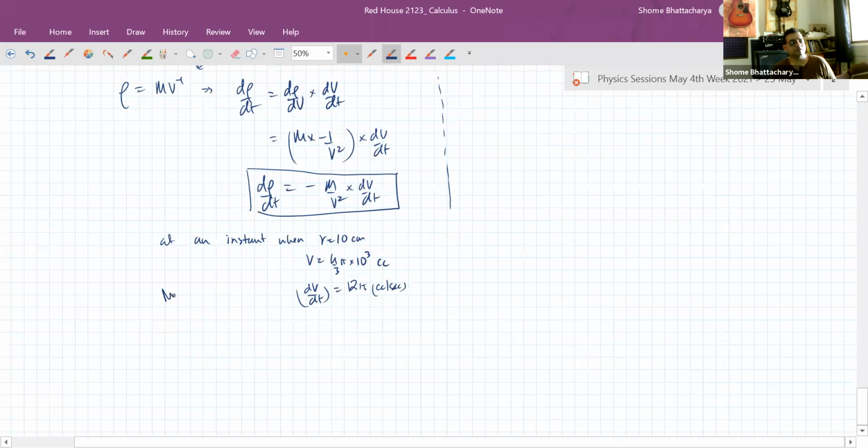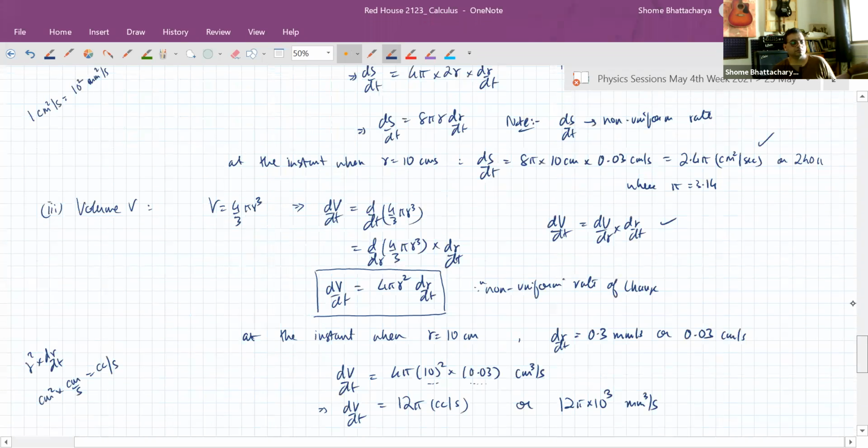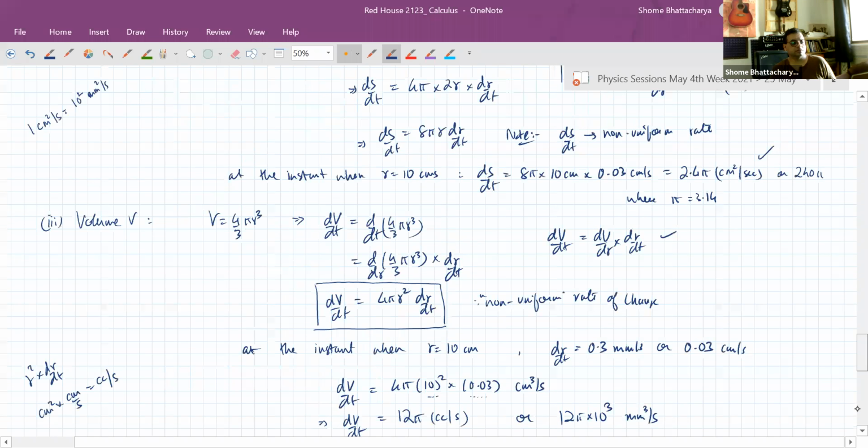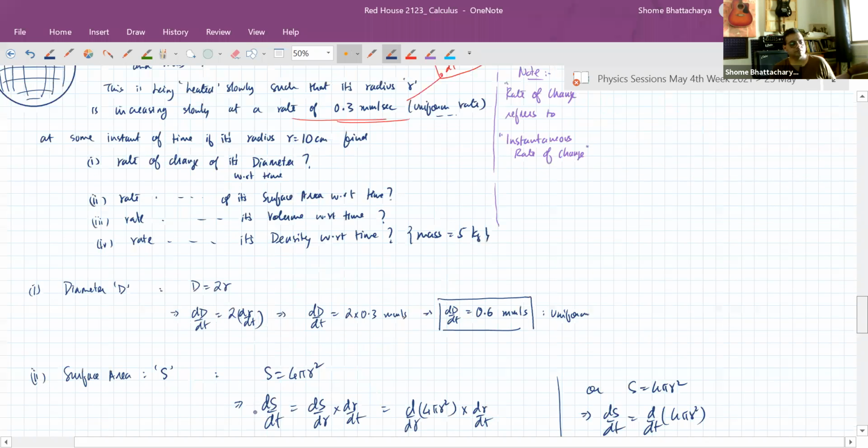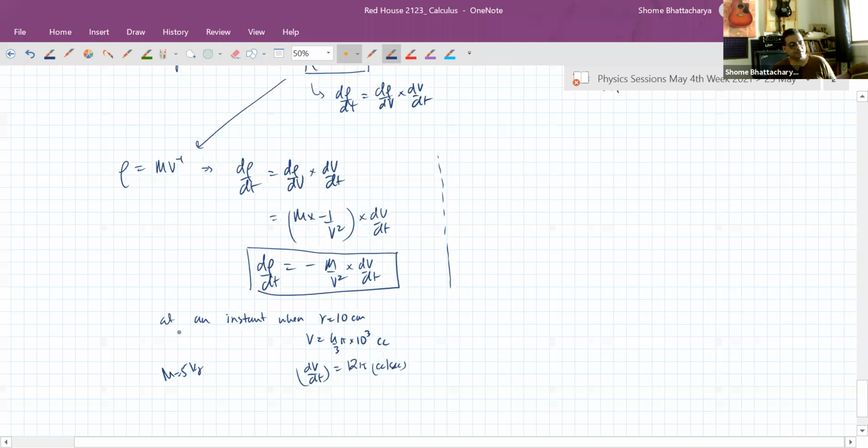And mass we have taken as 5 kgs, right? Yes. So at this instant, when r is 10 centimeters, we'll substitute this in this. So the rate of change of density with respect to time will become minus 5.